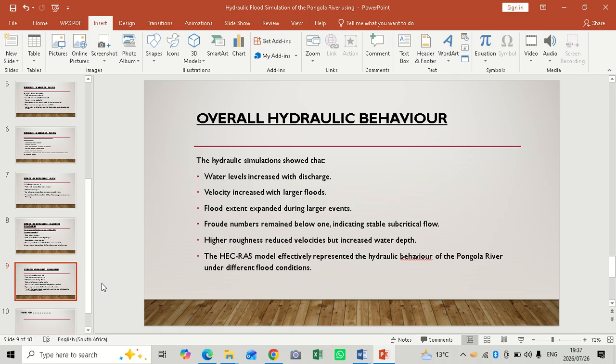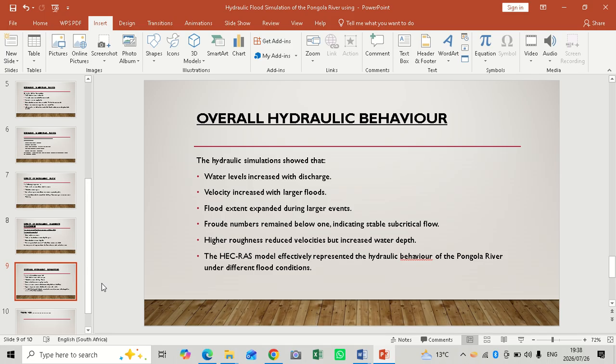The overall findings show that water levels, flow depths, and flood extent all increased as the discharge increased. Larger flood events also produced higher flow velocities and greater hydraulic energy.